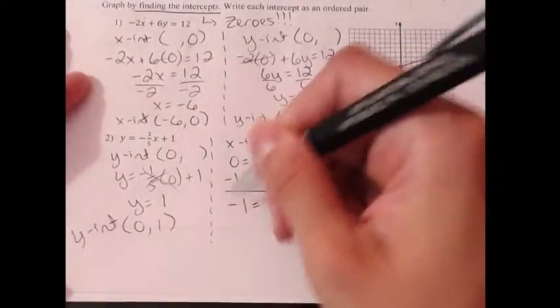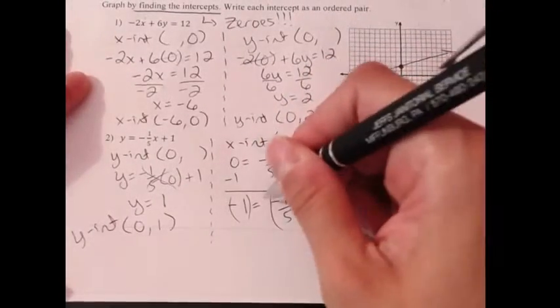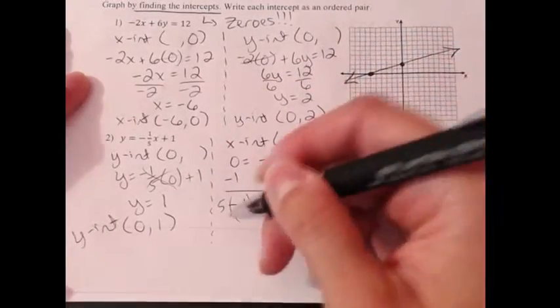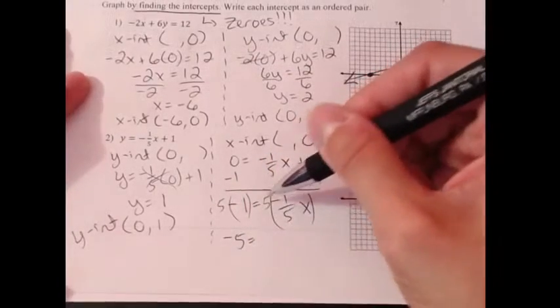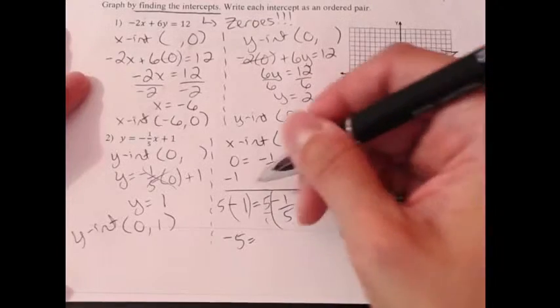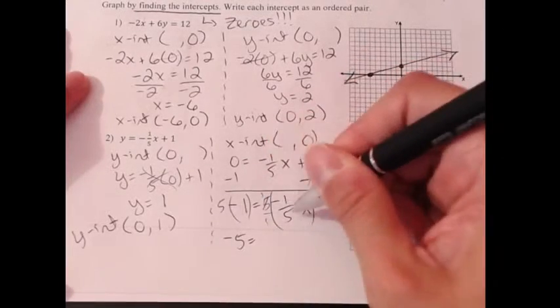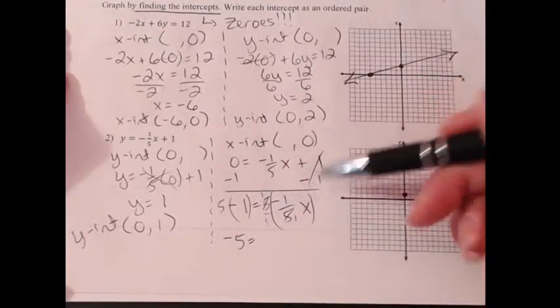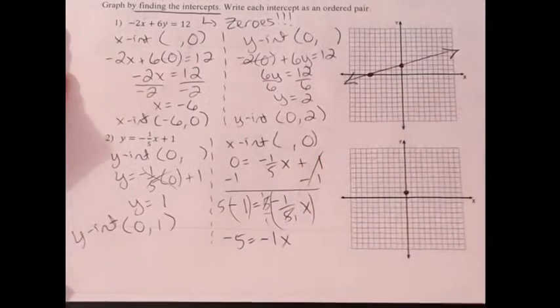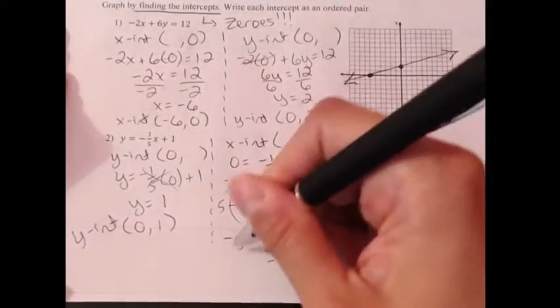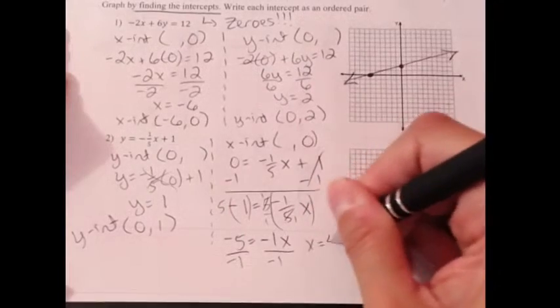If I multiply both sides by the LCD, which is 5, 5 times negative 1 is negative 5. 5 over 1 times negative 1 over 5, we can reduce numerator with denominator, dividing 5 out of each. And 1 times negative 1x is negative 1x. See how easy that was? You multiply by the LCD to eliminate fractions. I love it. Divide by negative 1, and we get that x is equal to 5.